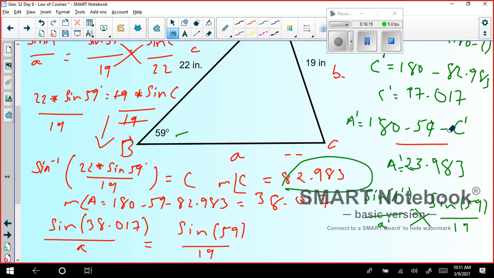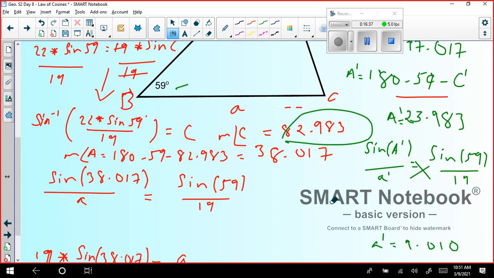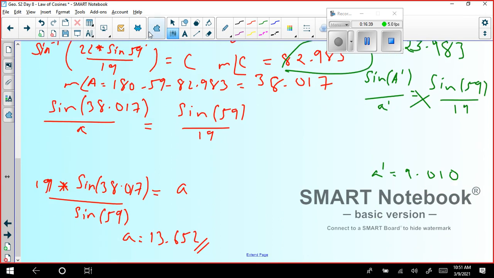Supposing this number was so large that C dash was somewhere about 130 degrees, then I'd have got A prime as 180 minus 130 minus 59. Then it would not be possible for us to get another solution. You'll have either no solution, one or two solutions in the case of SSA.